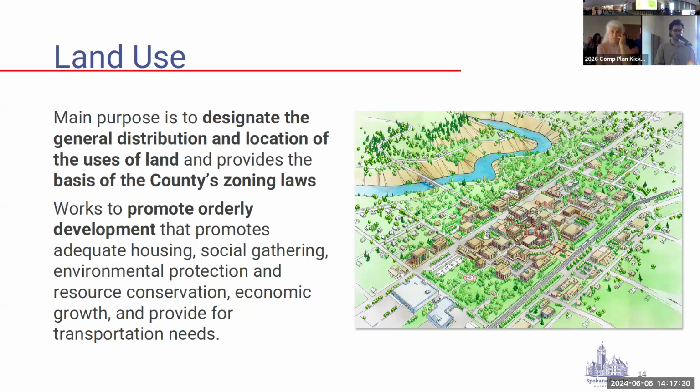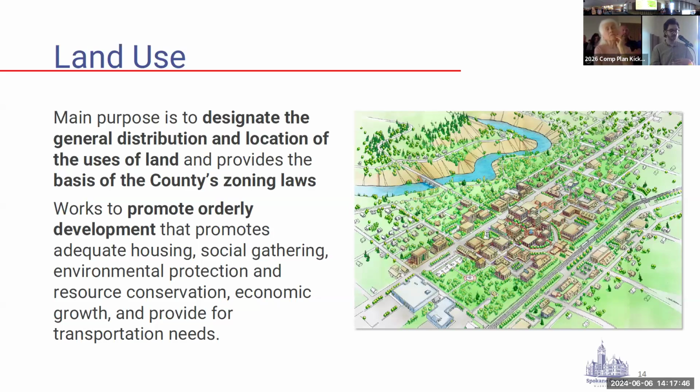We also look at, can the infrastructure serve the area either currently or in the future efficiently? And we also need to make sure there aren't any conflicts between the land uses. The classic example being, we don't want to put a factory next to a house.